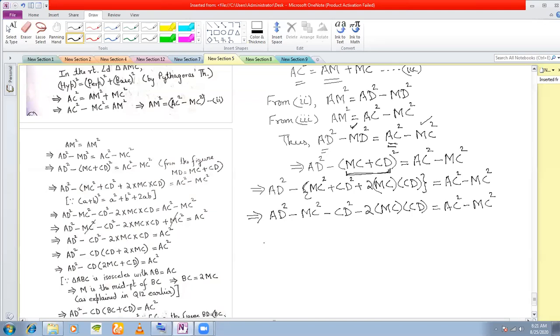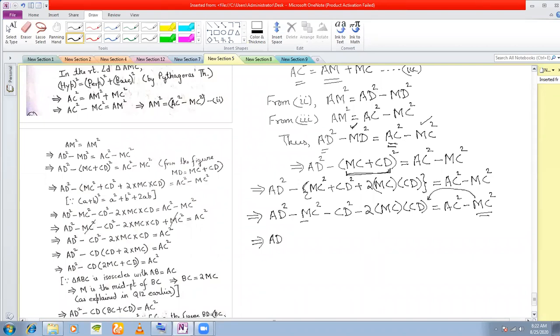Now what do you see? You see a minus MC square here. You see a minus MC square here. So what you do here is that you bring MC square to one side. You bring this MC square from this side to this side.